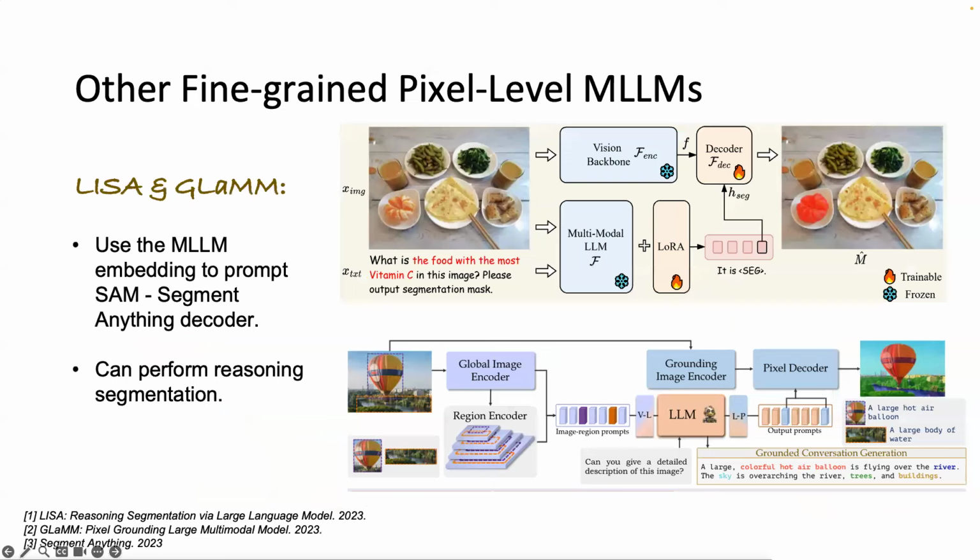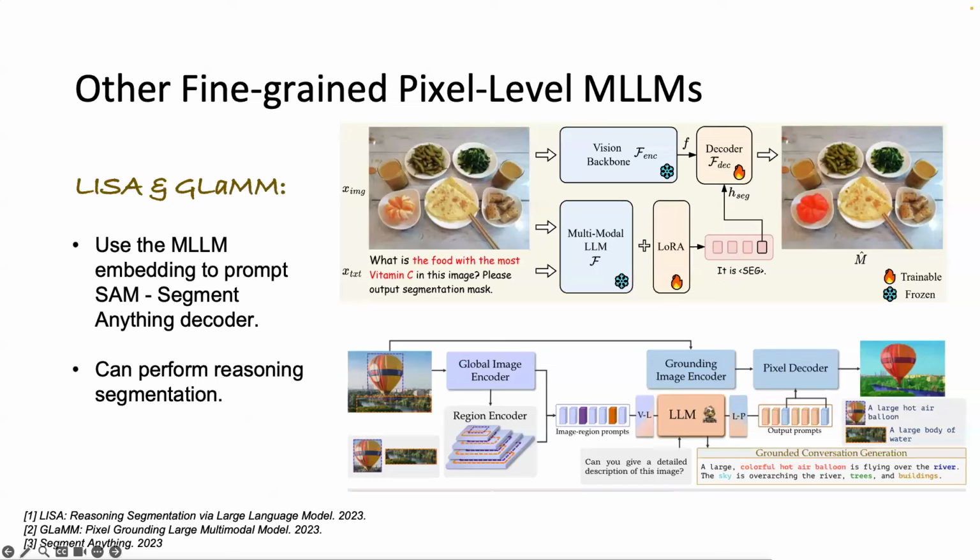Another work, which I think is concurrent with VistaLLM, is called LISA, as well as GLaMM. These two works also focus on pixel-level outputs for the semantic mask. But the difference is that they are not using a sequence of text to decode the mask, but actually using a pre-trained decoder from SAM.